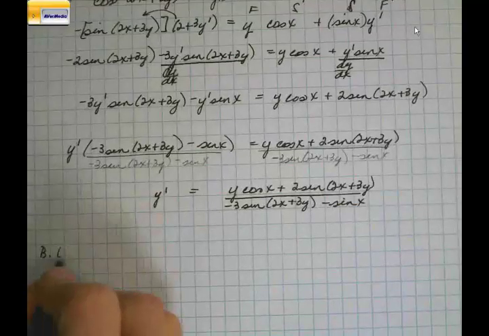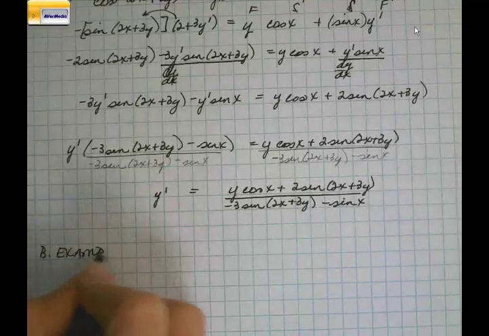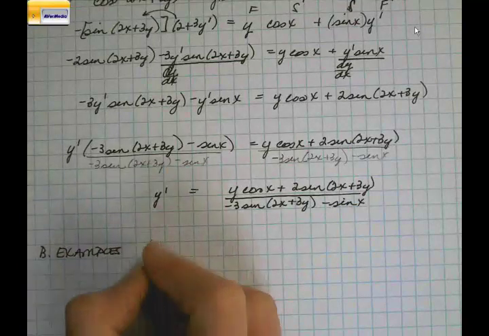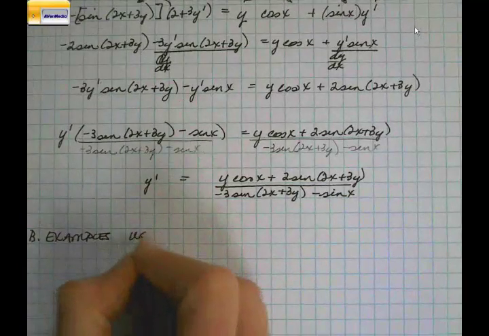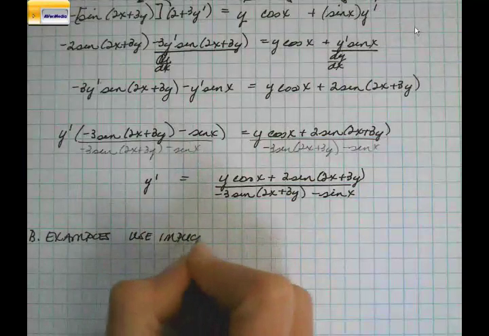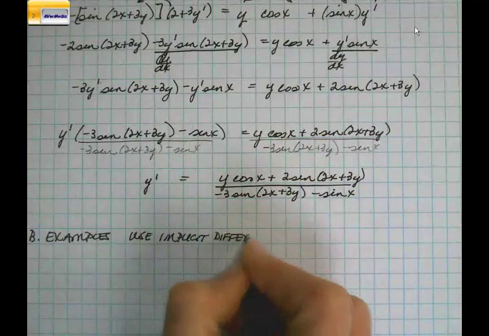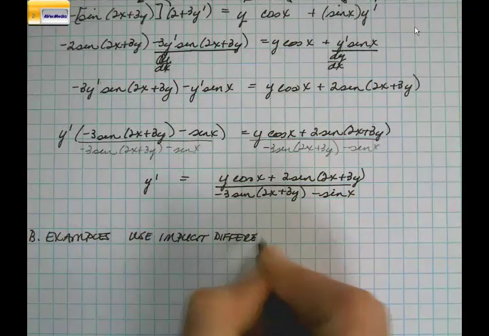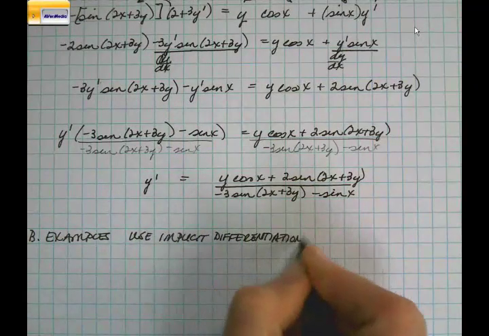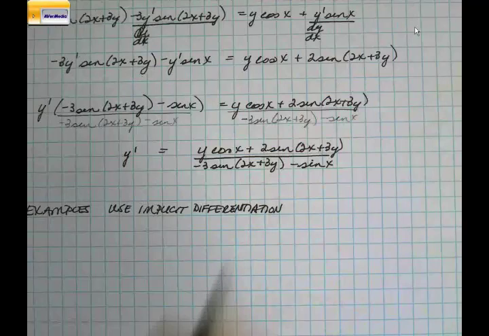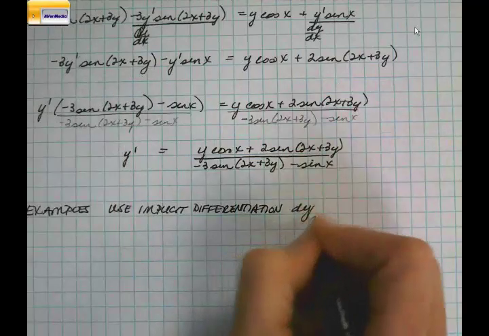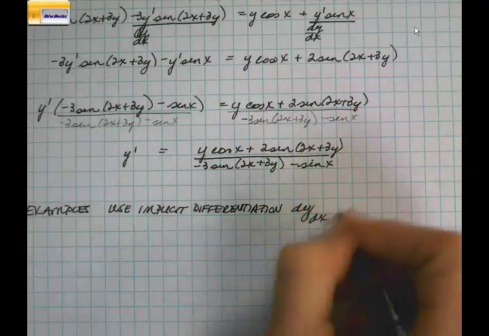Okay, so now what can they do to me? We figured out, well, we're still using implicit differentiation. Implicit differentiation. That is a big old word to have to write. Okay. So the first dy dx is our y prime.